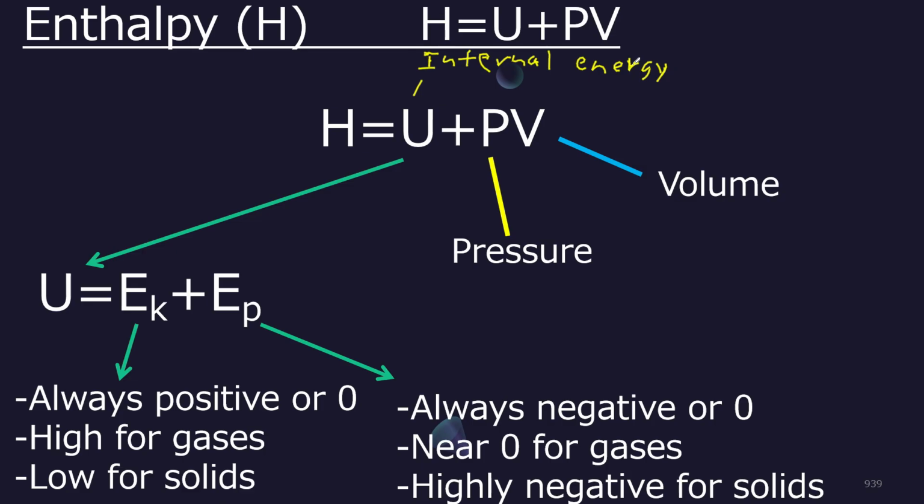On the other side, a bit more complicated, the potential energy, EP. This is always negative or zero. The highest value that it can be is 0. And then it's negative if there are more interactions between the particles, more attractive forces.